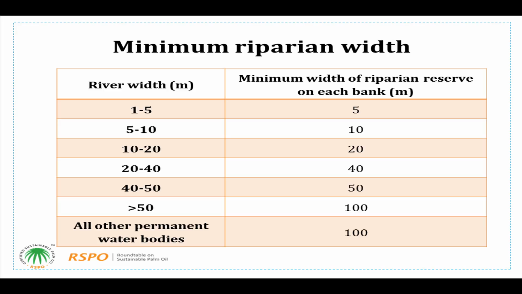So, for example, for a river that's between 1 to 5 meters, you need to have 5 meters of riparian reserve on each bank. This is in the RSPO P&C. This is the RSPO standard, but based on Indonesian regulation, it is different.